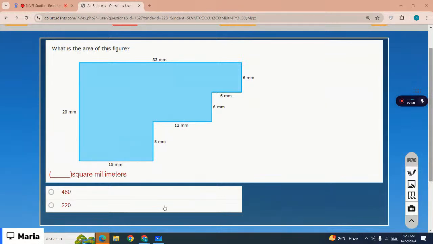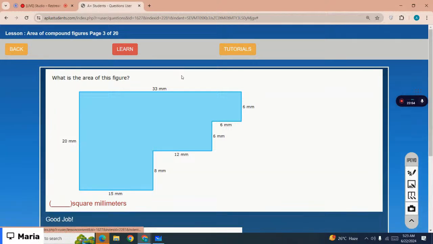So that's how you calculate the areas of the complex figure. You have to divide the figure into smaller portions, calculate the area of the smaller portions, and just add them for the whole figure, right?